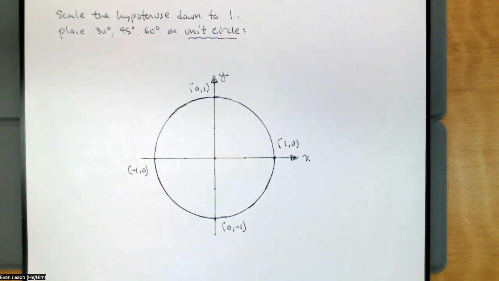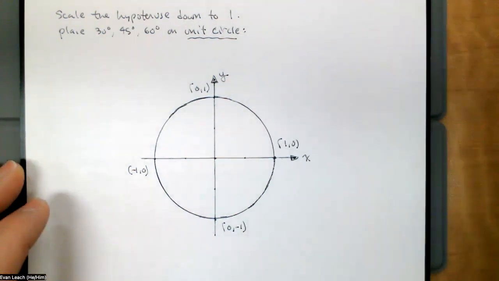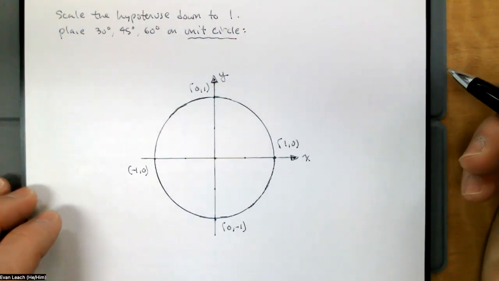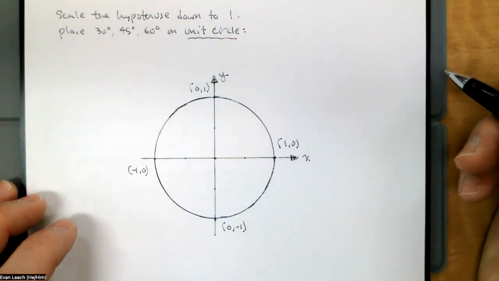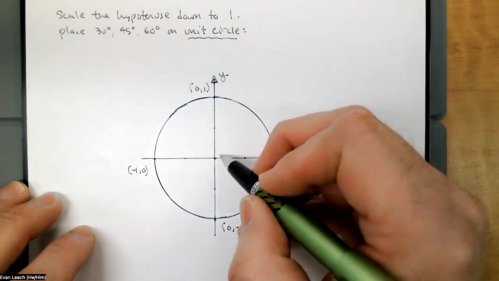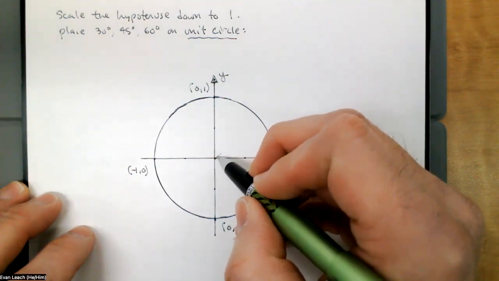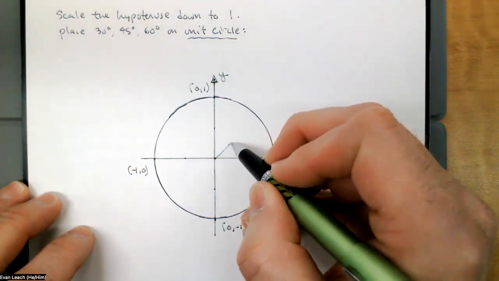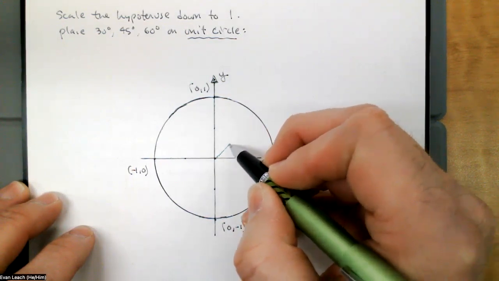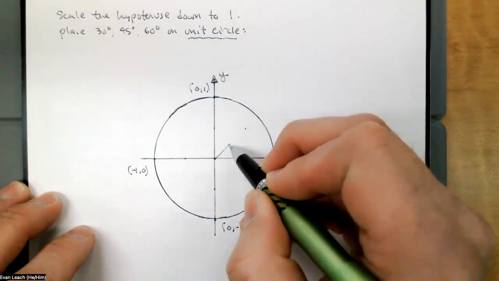Here's what we're going to want to do. I'm going to do 45 for you. We're going to take a few minutes and just draw this out. So what I want to do is place 30, 45, and 60 on the unit circle in approximately the right place. I know 45 is going to come out at a 45 degree angle. I have a grid here, so it's these points I'm going to try to hit.